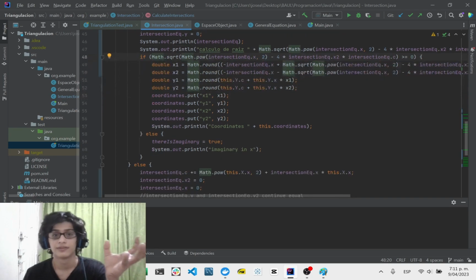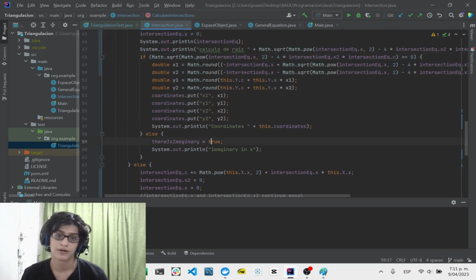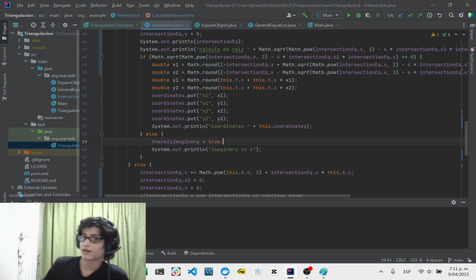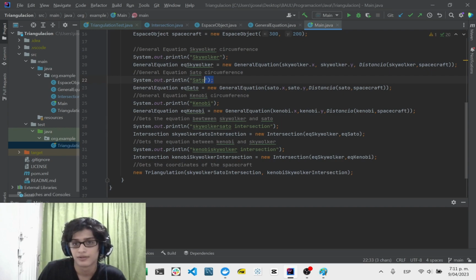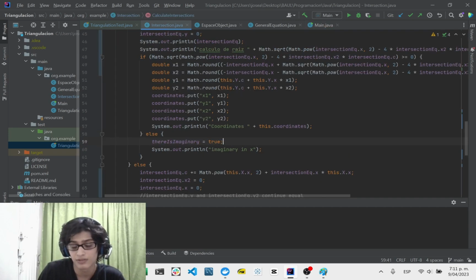If imaginary, I'm going to get true, and it means that it's sure that you sent a wrong distance, because if you send the right distance between every satellite and the spacecraft, you aren't going to have imaginary numbers.